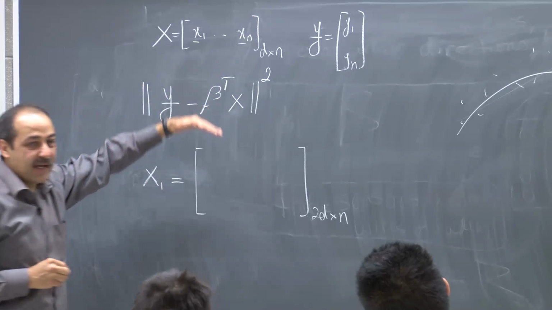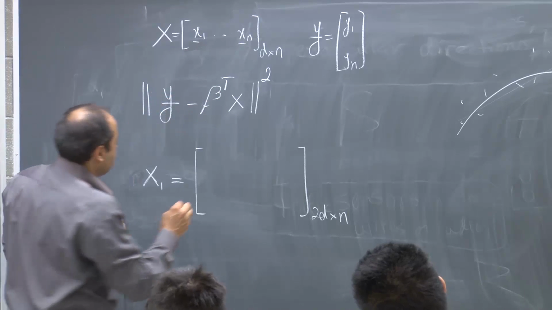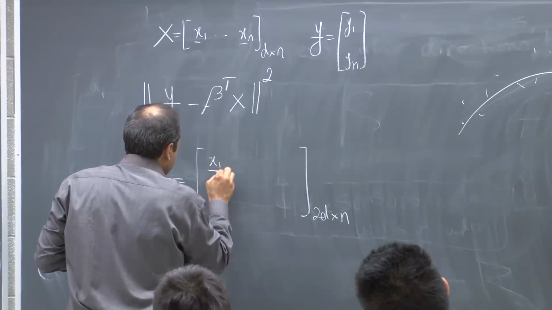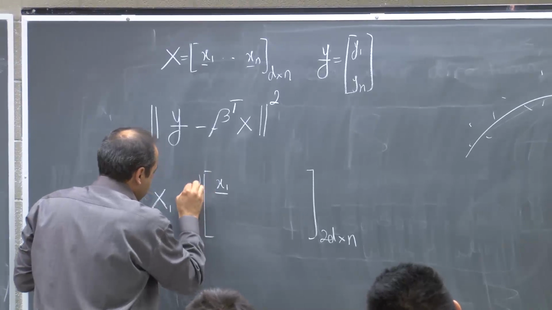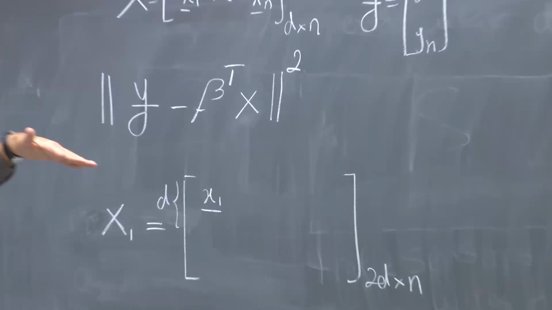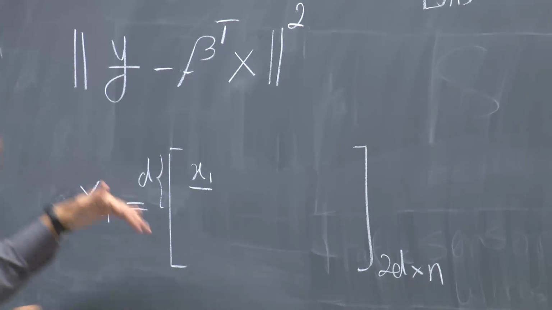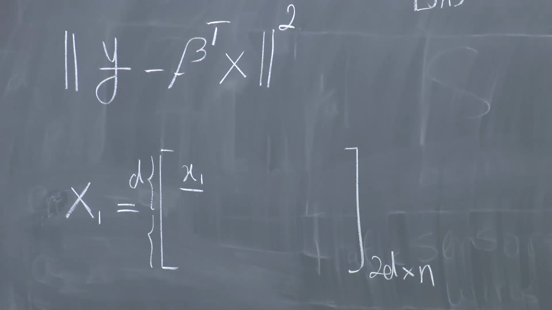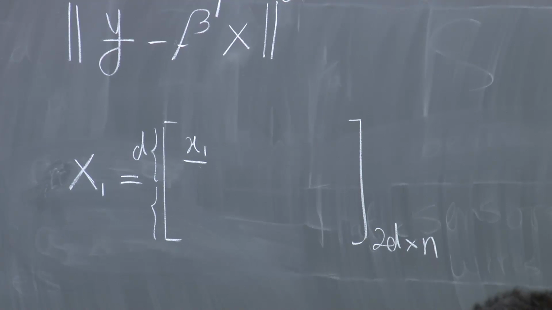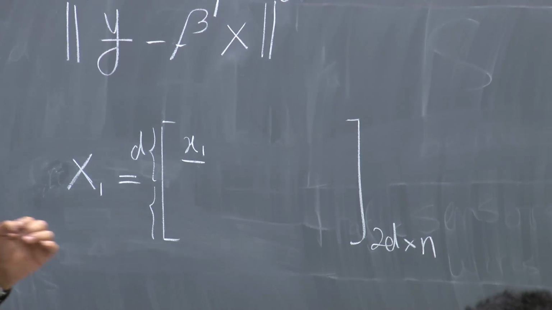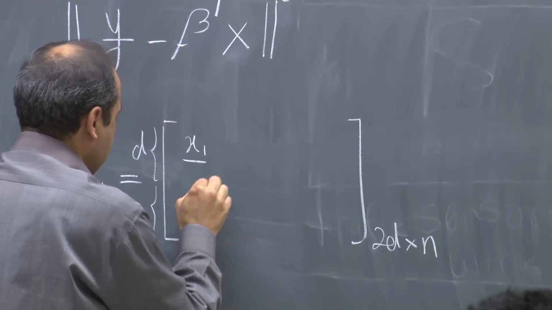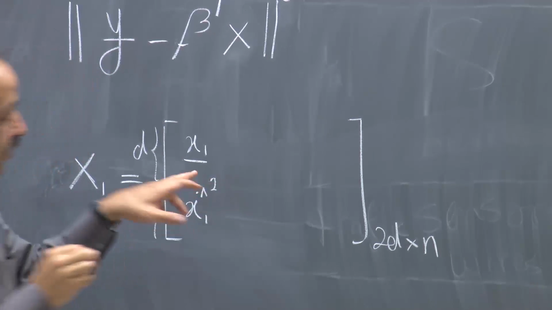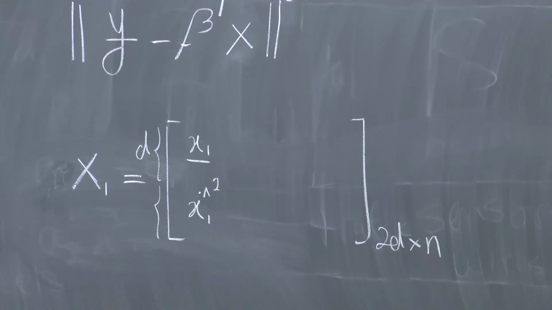So I expanded it in this form, this is my x1. The first d rows of this matrix are the original x. For the second d rows, I just make each of these x's squared. Each feature x squared. So x1 to the power of 2. I wrote it this way because I mean element-wise.